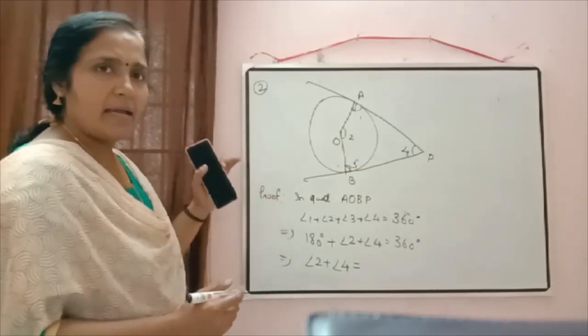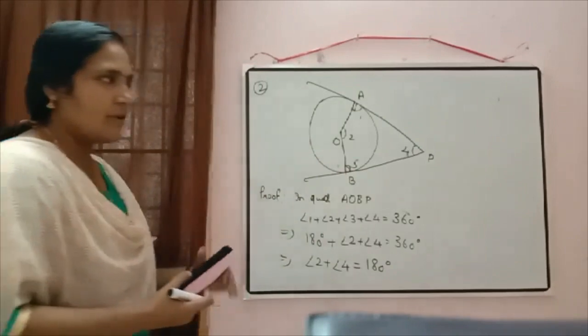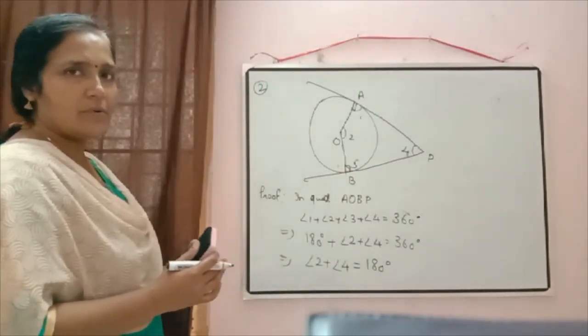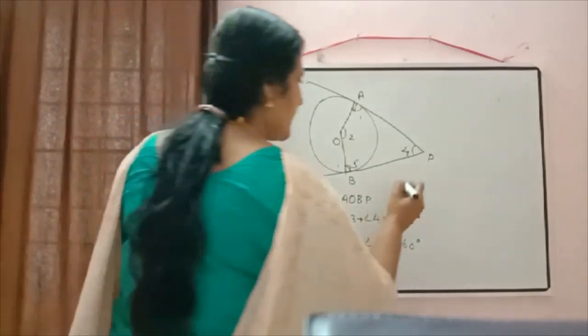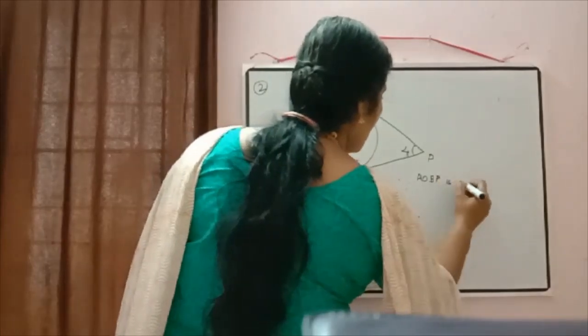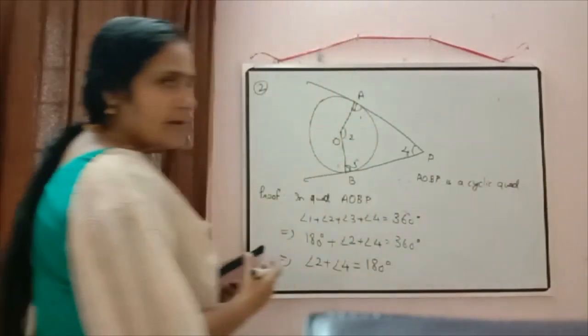And 360 minus 180 is, yes, correct, 180 degrees. So we proved here angle 2 plus angle 4 also is equal to 180 degrees. So just write down there, therefore AOBP is a cyclic quadrilateral. I hope the proof is clear to you.